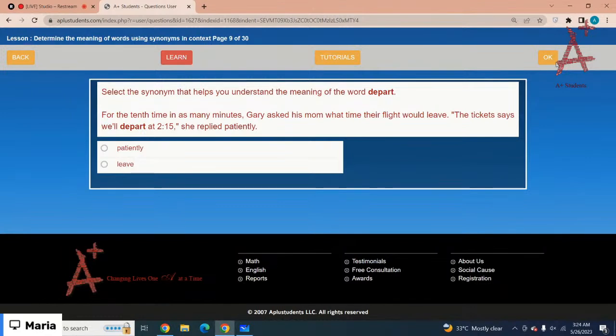So, for the 10th time in as many minutes, Gray asked his mom what time their flight would leave. The ticket says will depart at 2:15, she replied patiently. So, which is the correct option? The word depart means leave. Very good. That would be leave.